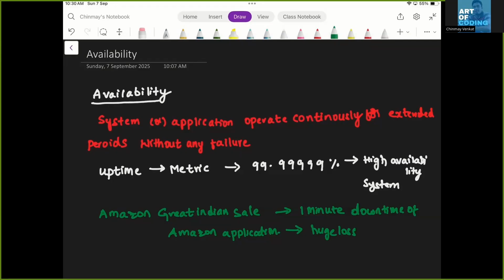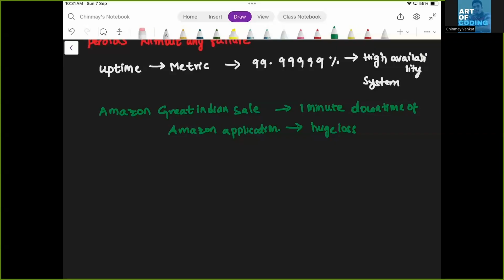How can we measure availability? How will this uptime metric be measured? We need to understand the terminology here. First failure happened. This is the second failure.